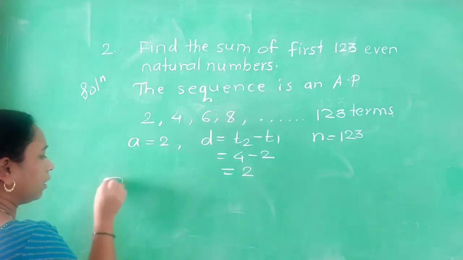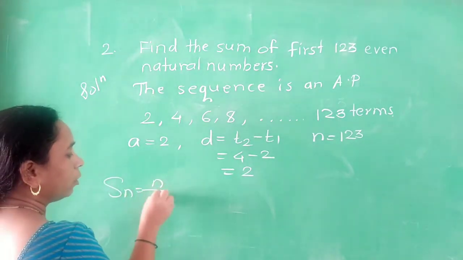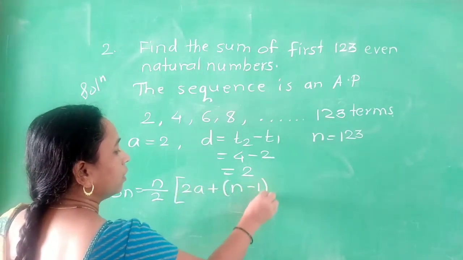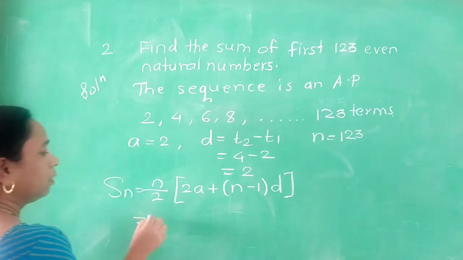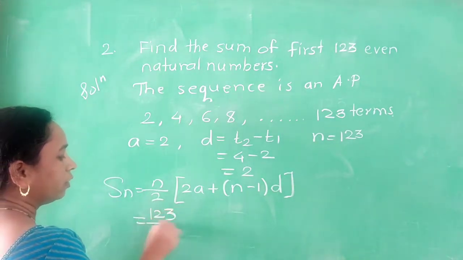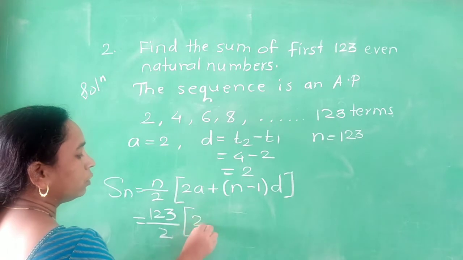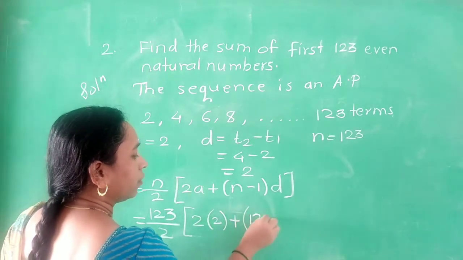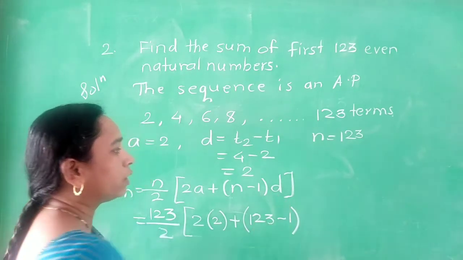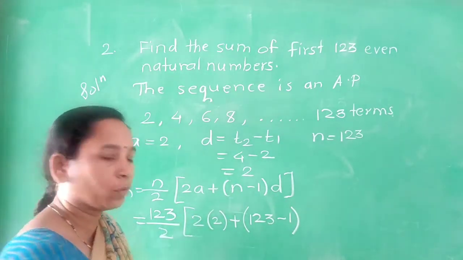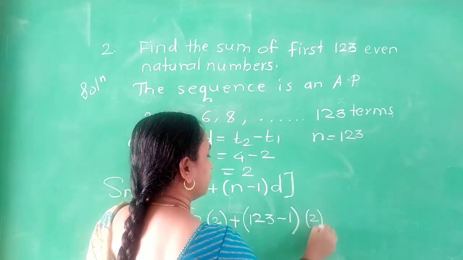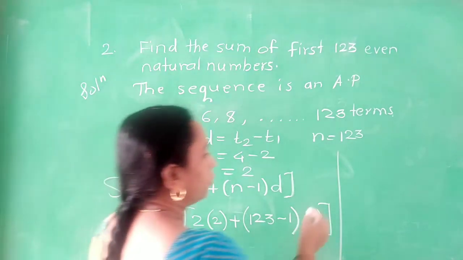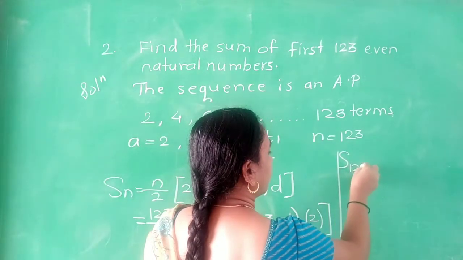So using the formula, Sn is equal to n upon 2 into 2a plus n minus 1 into d. n is 123 upon 2, 2 into a, a's value is 2, plus n again 123 minus 1 into d. D's value we also have as 2. I'll put it in this. To solve this, 123 upon 2, I'll keep it as it is.